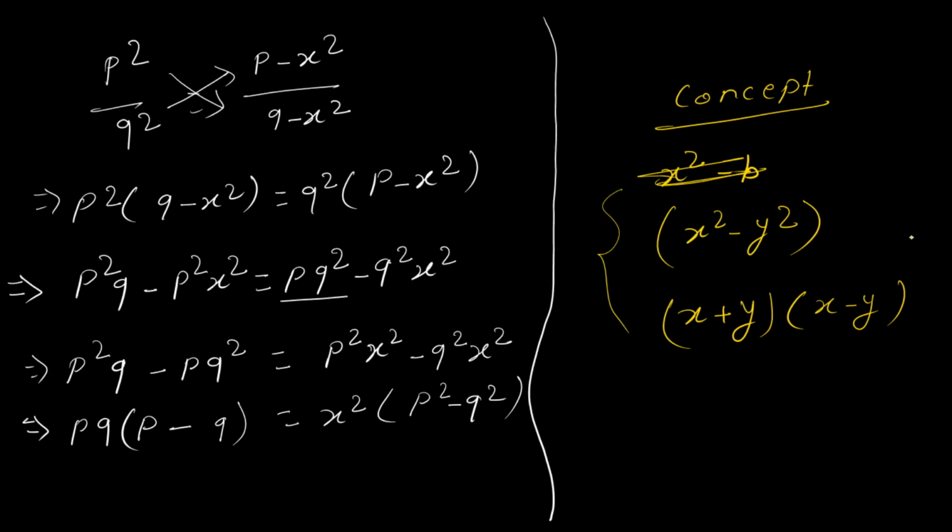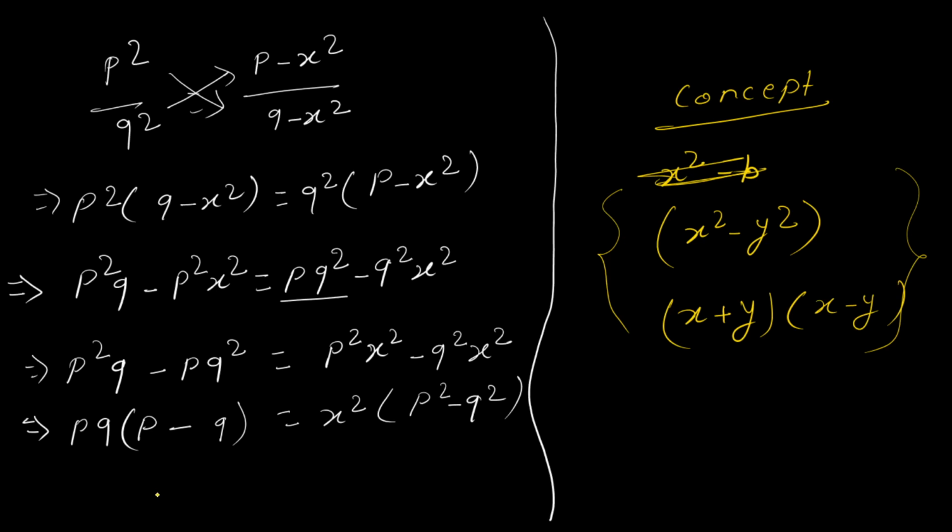Because this I am going to use in these solutions, and this is the formula which you have been learning from standard 5, I believe. Okay, so x square minus y square, if somewhere it will be x plus y multiplied by x minus y.